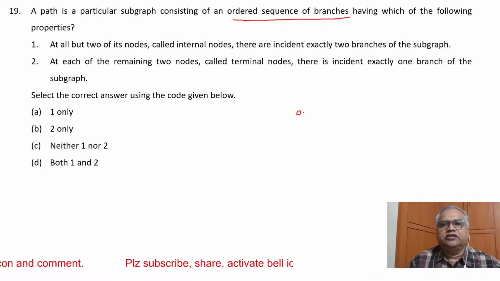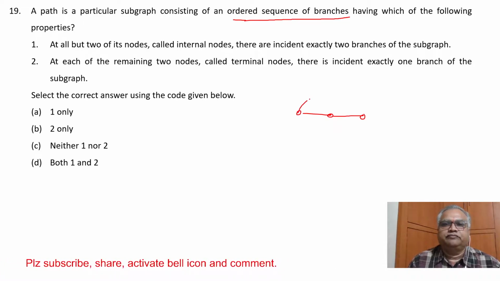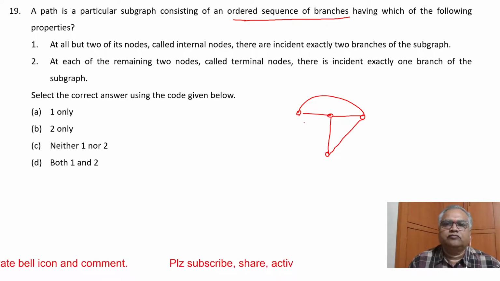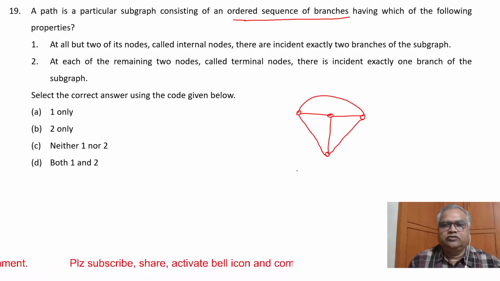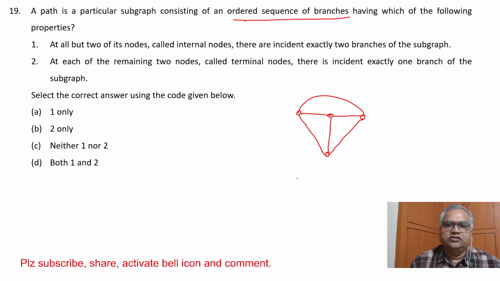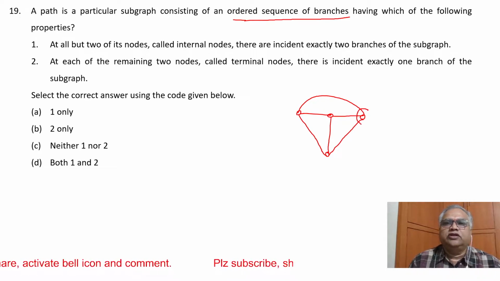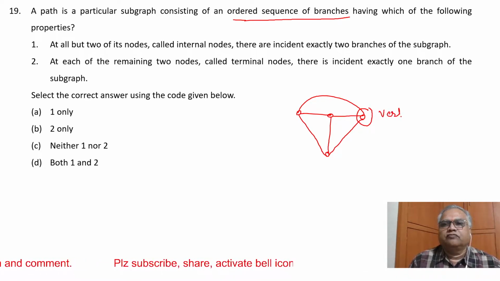If I take an example of this graph, this is the graph. In this I have to draw a subgraph. Before I draw, what is this called as? It is a vertex, or node.